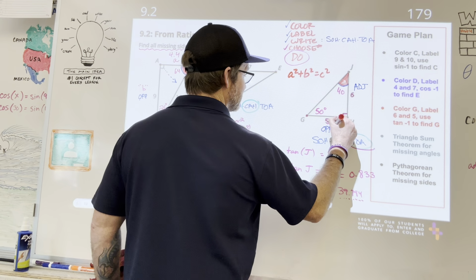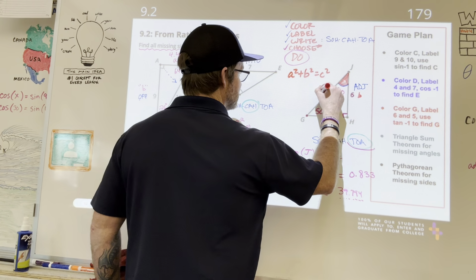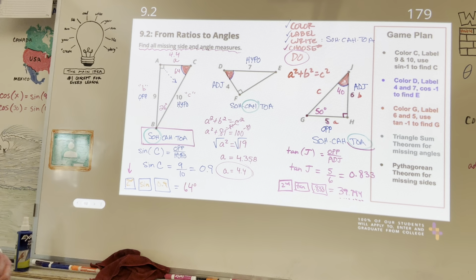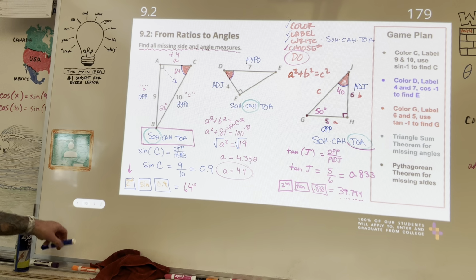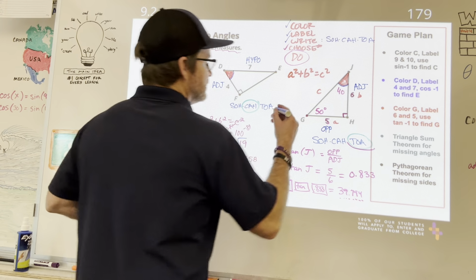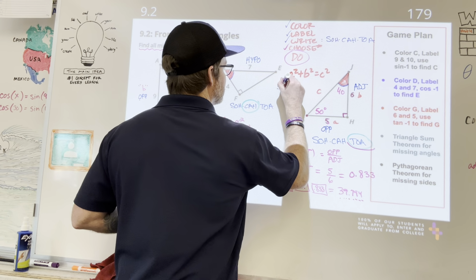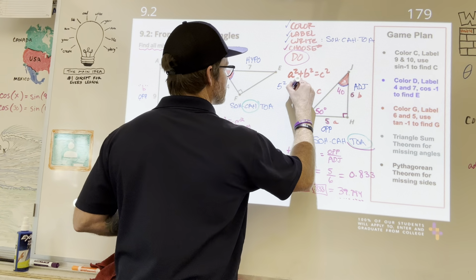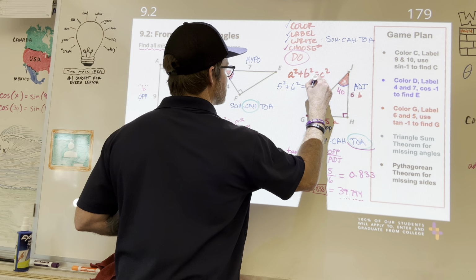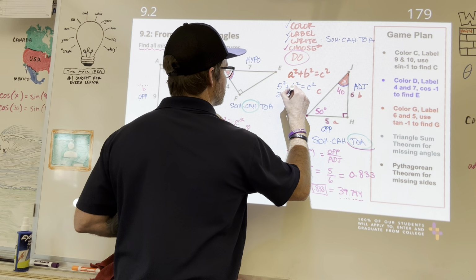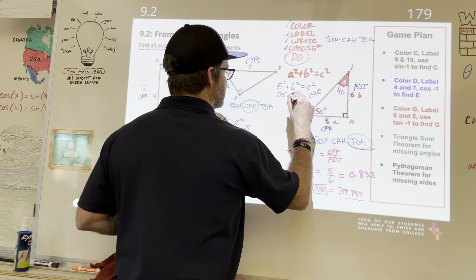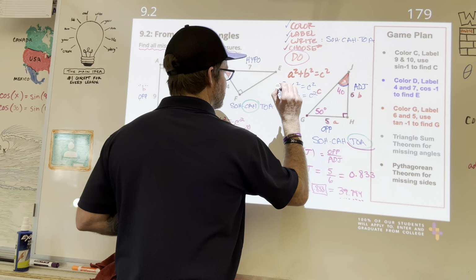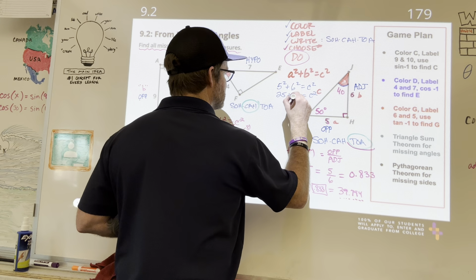Let's label the figure A, B, C, just so we don't lose focus. And then just work on that quietly. I'm gonna work on mine quietly too. 5 squared plus 6 squared equals C squared. 25 plus 36 equals C squared. 25 plus 36 is 61.